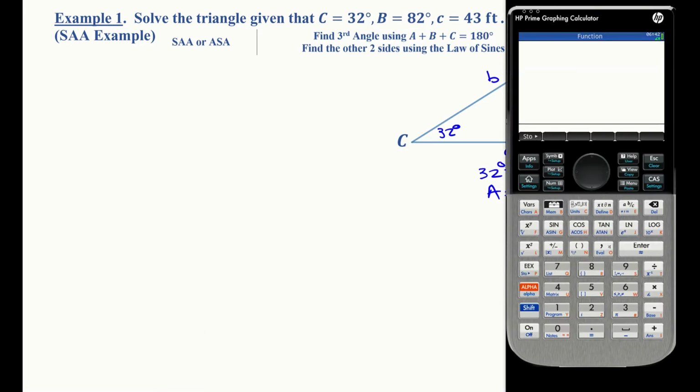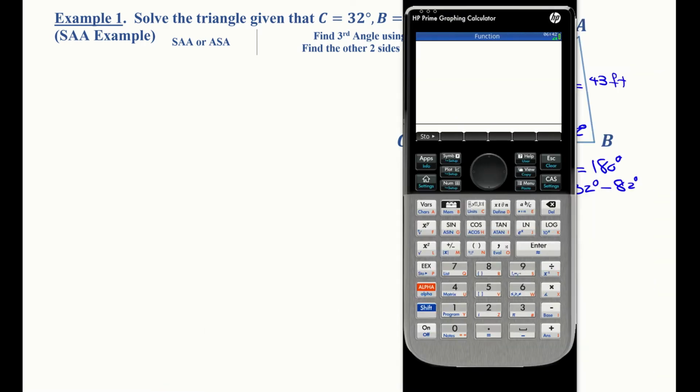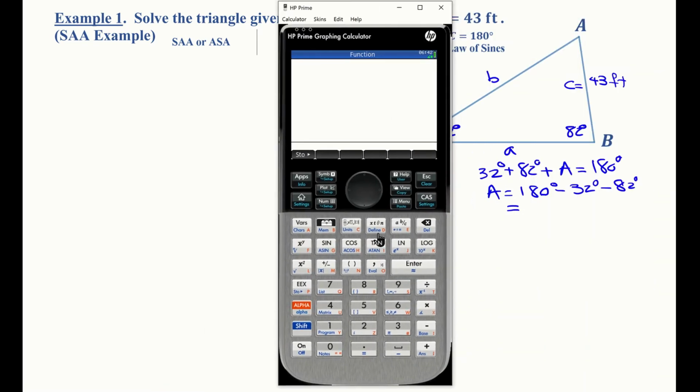So we can go ahead and quickly utilize a calculator for that. We have 180 minus 32 minus 82, and we get 66 degrees for A.